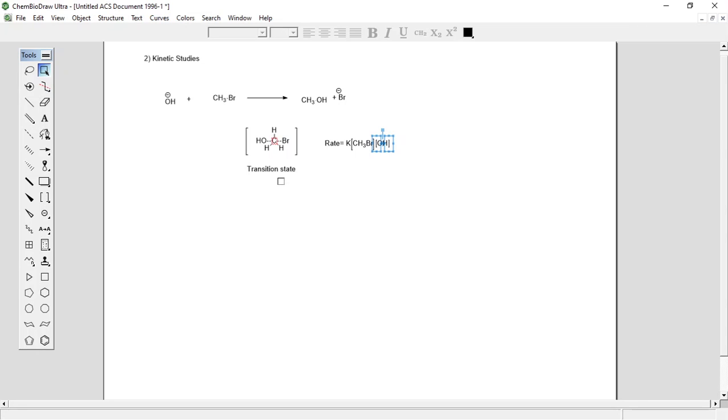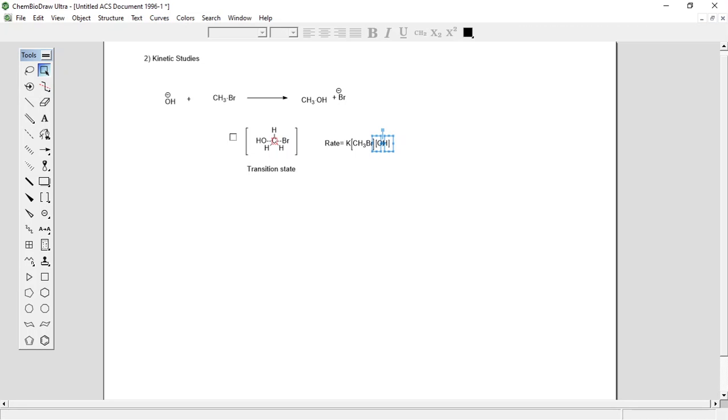Thus both the alkyl halide and nucleophile are not involved in the same step, so you can say that this reaction must be a two-step reaction. While in the first one, in the rate determining step, both the nucleophile and alkyl halide are involved, so you can say that reaction is a one-step reaction.